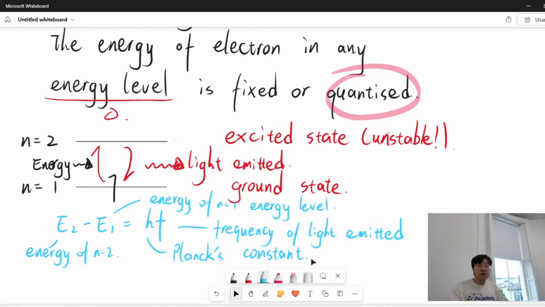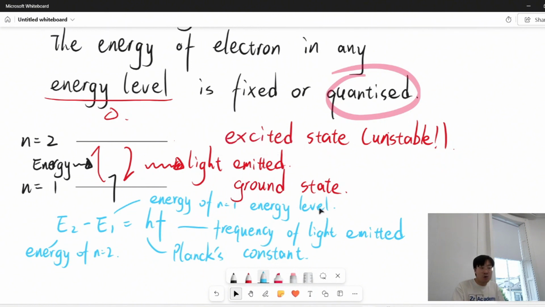Now do remember, light with different frequencies will result in different colors. For example, you see something red in color because the frequency of light emitted is within the visible range, and it has a specific frequency, or a very narrow range of frequency, that shows a red color.